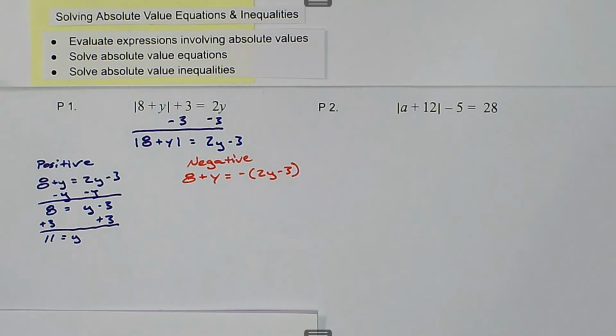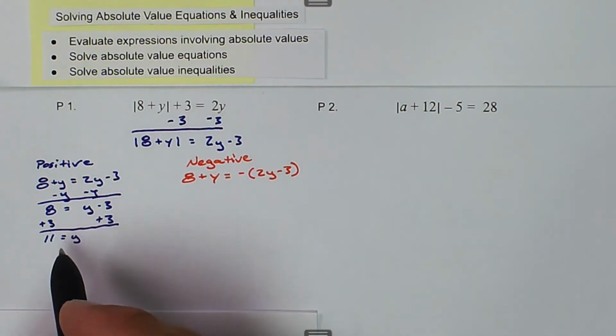So then we have to check for a possible solution. When we check that, all we do is substitute 11 back into the original equation.